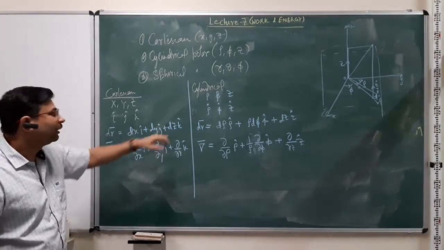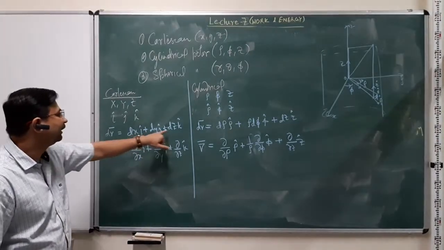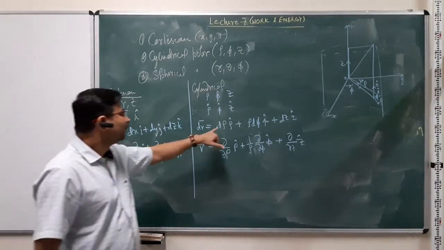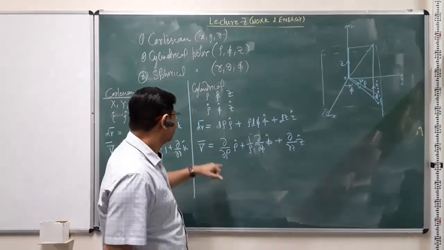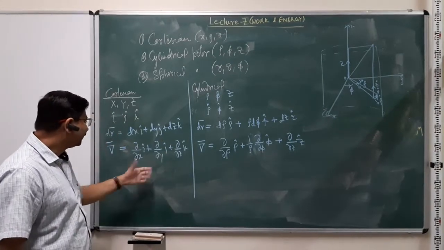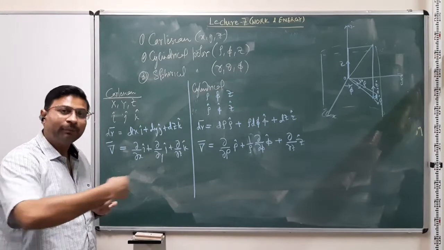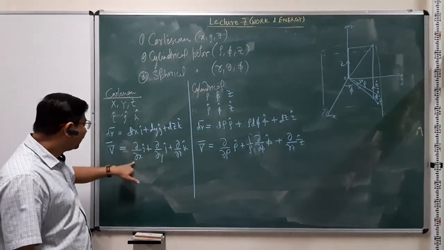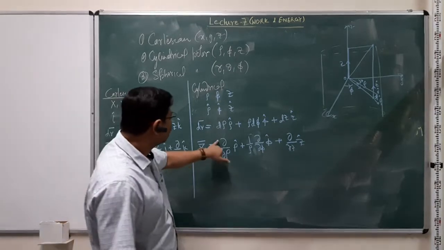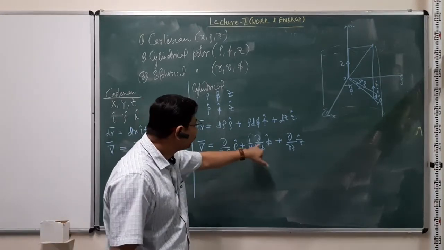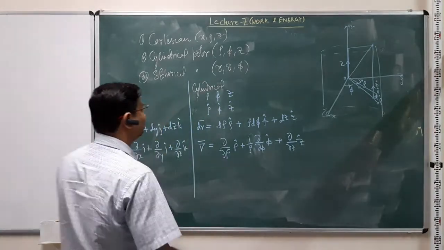So all its components have to have dimensions of length, right? So dx, dy, dz are lengths; d rho, rho d phi, dz are lengths. Similarly, in the partial differentiation with respect to some length along a particular coordinate direction: del over del x, del over del y, del over del z, and del over del rho, 1 over rho del over del phi, del over del z all have dimensions of 1 over length.